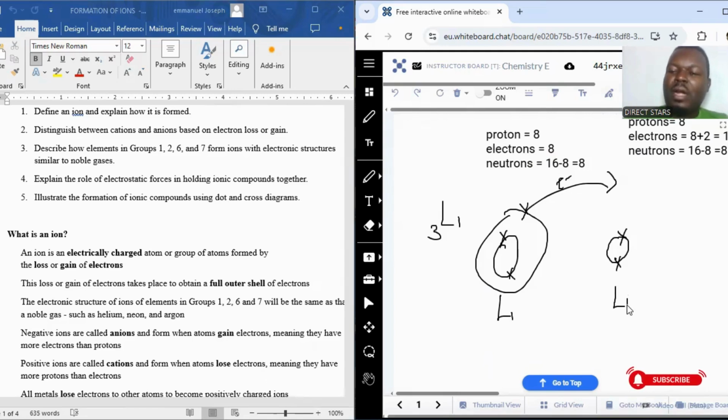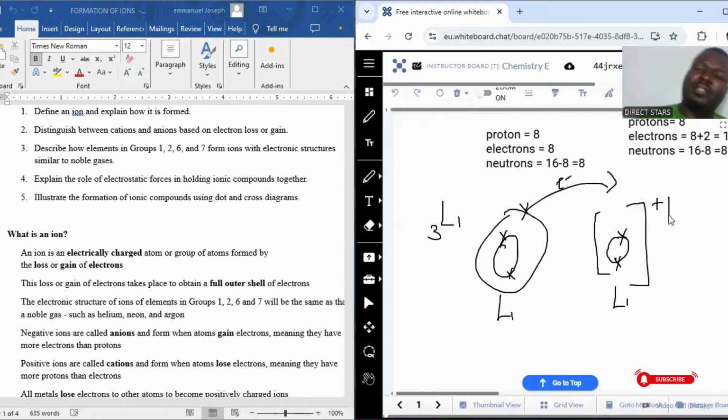So we have to account for the electron loss, which will now be indicated with a positive sign of +1. Why did we use a positive sign to indicate loss for a cation? The reason is because now your protons are more than your electrons, and that is by 1.